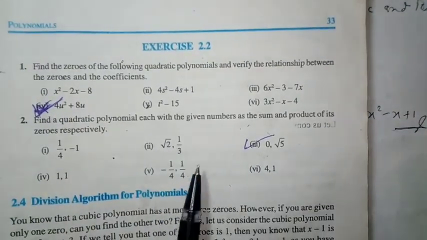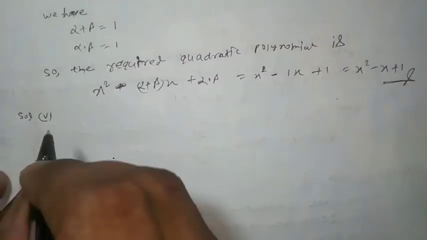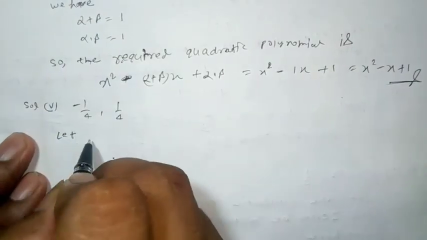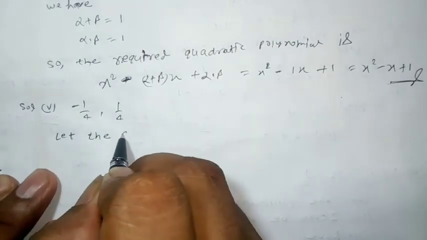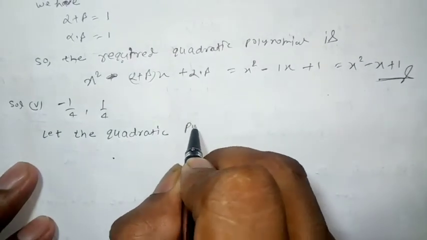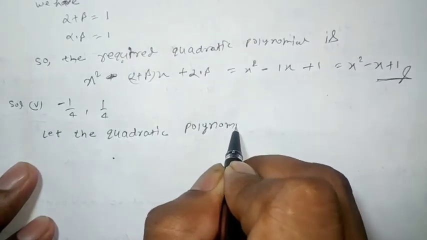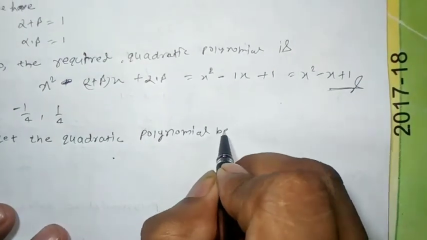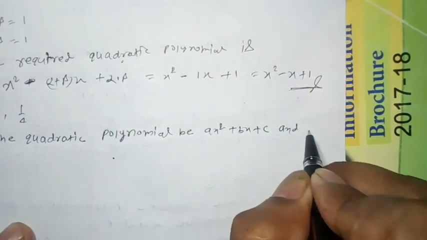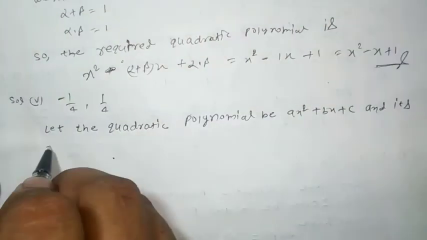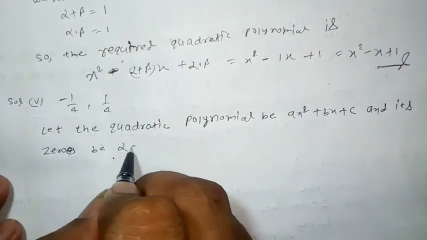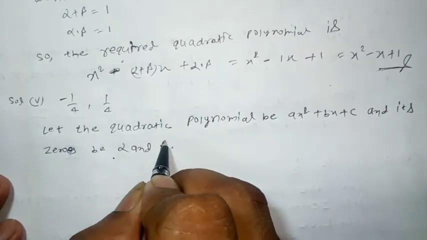Now solution of question number 5. Minus 1 by 4 and 1 by 4. Let the quadratic polynomial be ax square plus bx plus c and its zeros be alpha and beta.